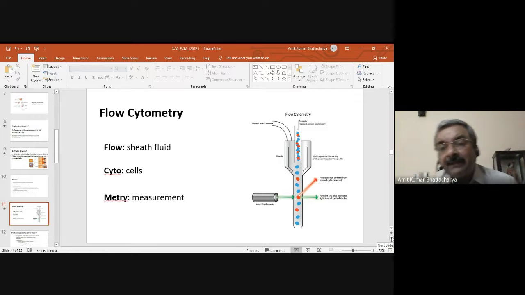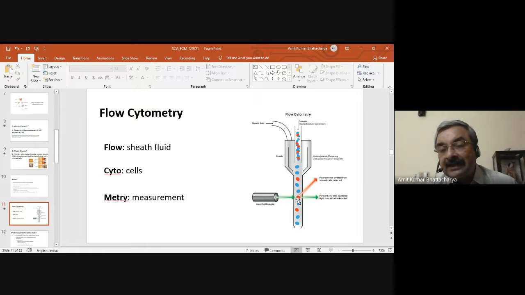You then pass them through a system wherein the cells go past one cell at a time. So you can see these cells going past one cell at a time, and they go past laser light.